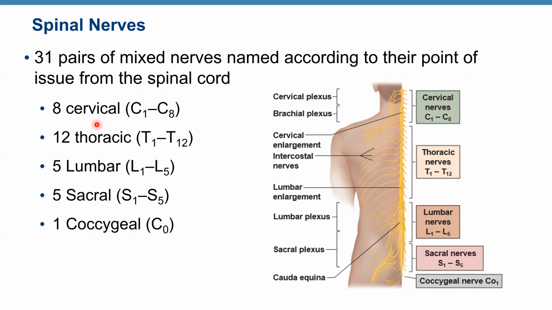So 8 cervical, C1 to C8, 12 thoracic, T1 through T12, 5 lumbar, L1 to L5, 5 sacral, S1 to S5, and 1 coccygeal, Co. So here you can see that cervical nerves originate from the cervical region, thoracic from thoracic, and so on.